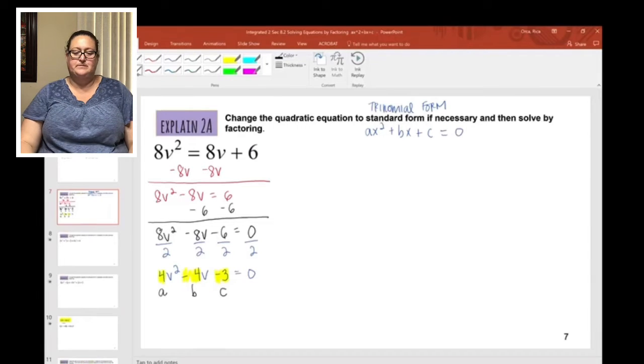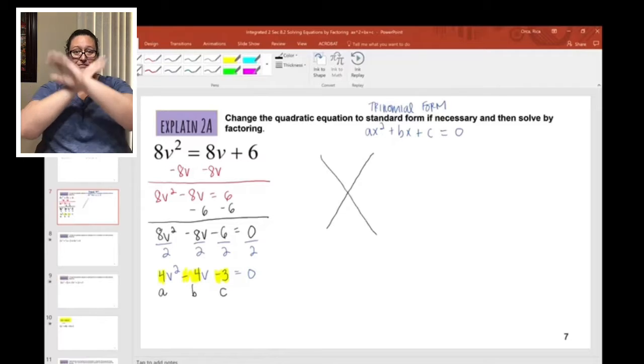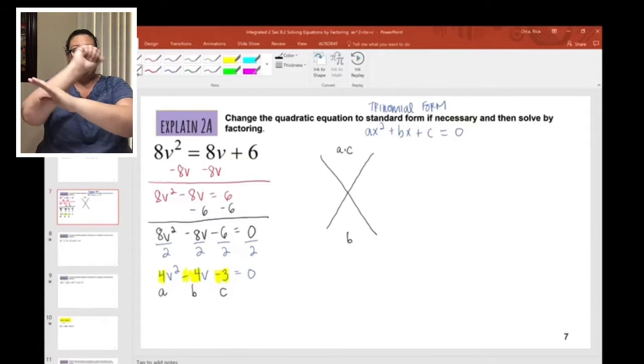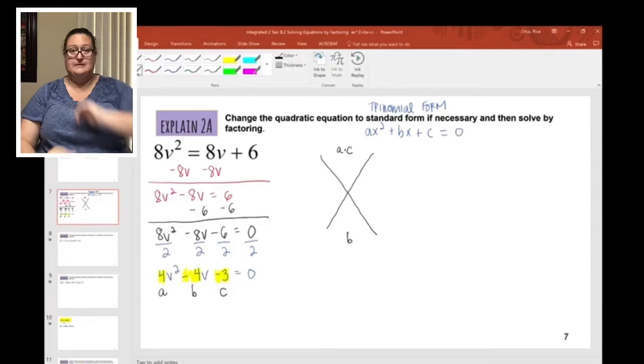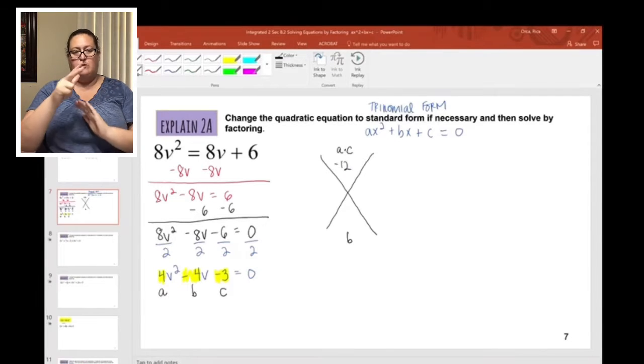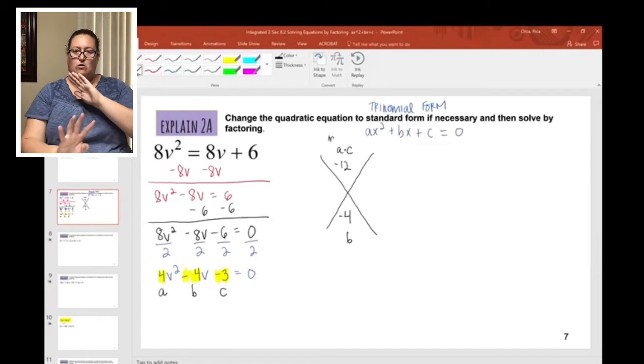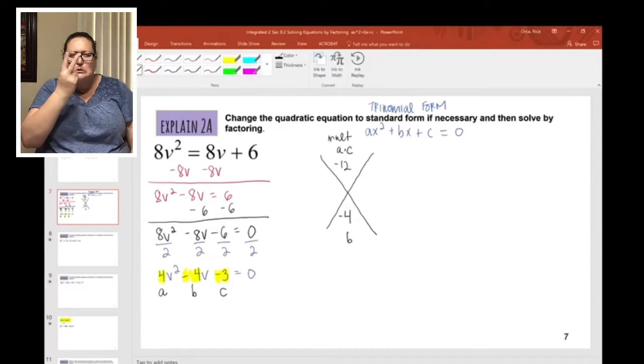Class, let's draw our x. We're going to put a and c at the top, b at the bottom. 4 times negative 3 is negative 12, and at the bottom we have negative 4. Now go ahead and think of two numbers that will multiply to negative 12, but will add up to negative 4.